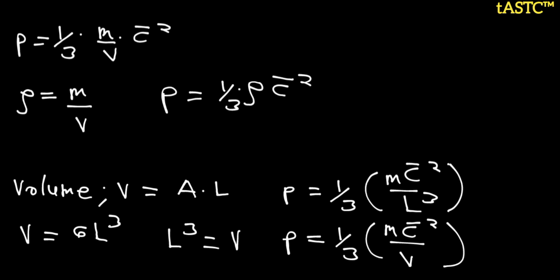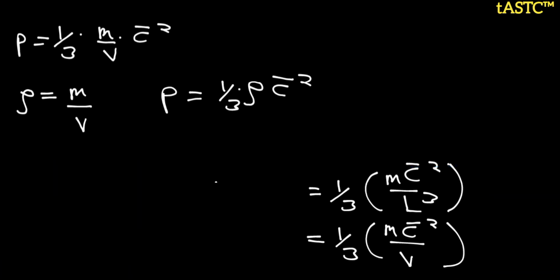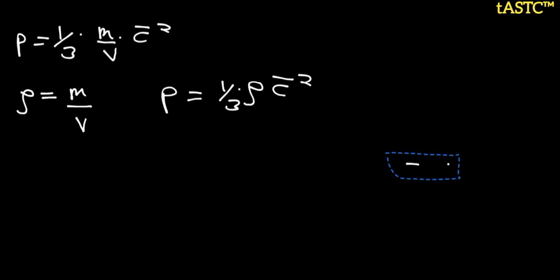Now, how can you find whether or not the dimensions of this are correct? How would you tell that? Let us try to do that quickly. We know that pressure is equal to the force divided by the area.